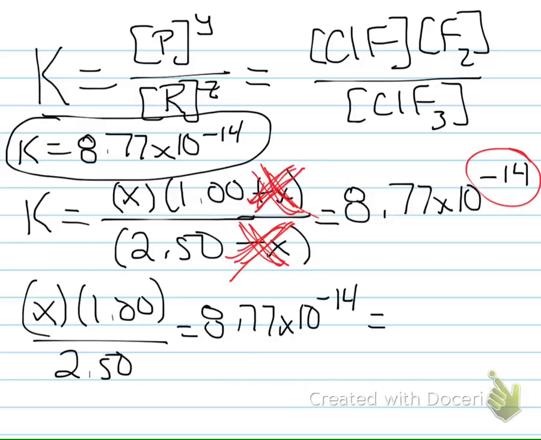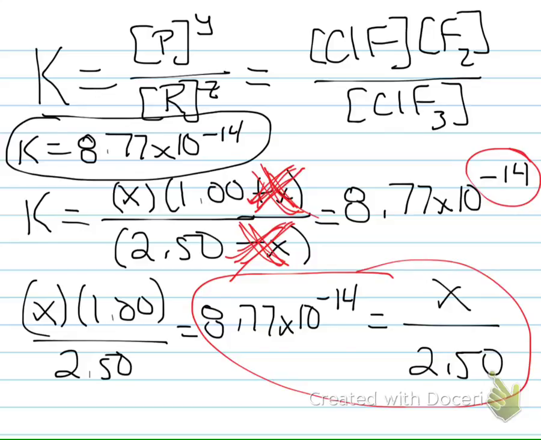Okay, so then that's going to be just x on the top over 2.50 is this here. And so I'm going to rearrange that a bit, solving for x, and when we have something on the bottom, I need to multiply it over. And so 2.5 times 8.77 times 10 to the negative 14th.